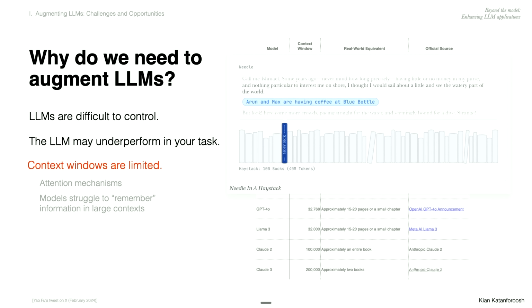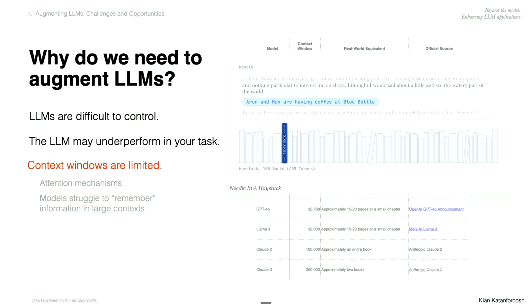It's an AI benchmark where, in order to test if your LLM is good at putting attention on a very specific fact within a large corpus, researchers might randomly insert one sentence in a book that outlines a certain fact, such as Arun and Max are having coffee at Blue Bottle, in the middle of the Bible, let's say, or some very long text.